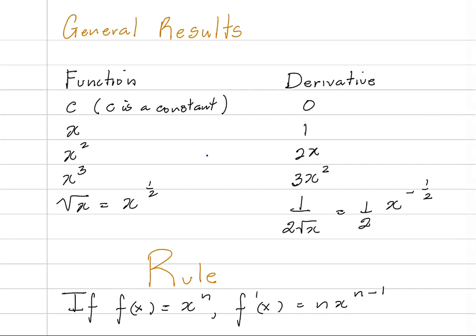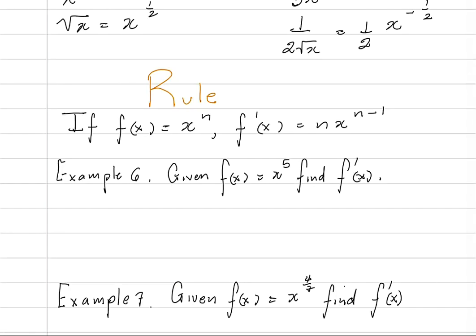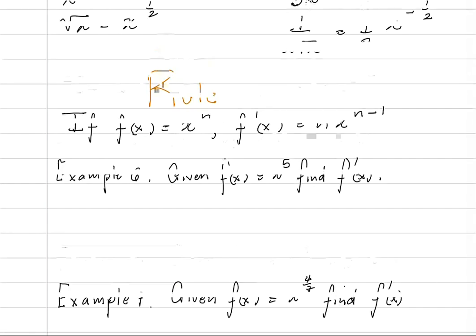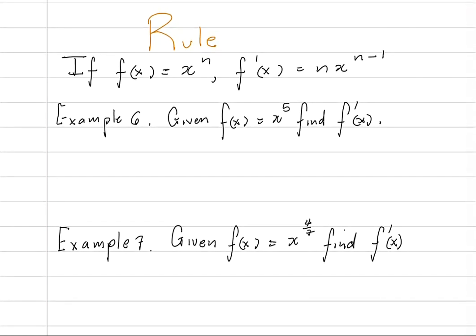If we look carefully at these results, we could obtain a general rule. All right, and essentially, what the general rule is saying, as indicated here, is that if f of x is some function of this form where x is raised to some power n, when you differentiate f of x, the power n comes to the front and the power of x decreases by 1.